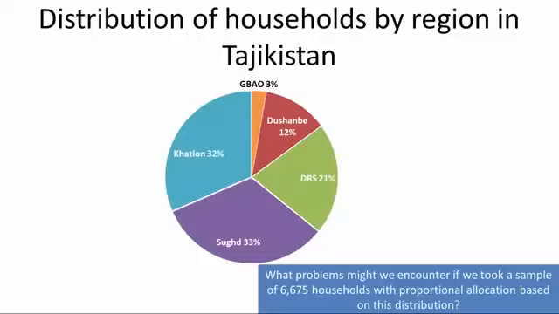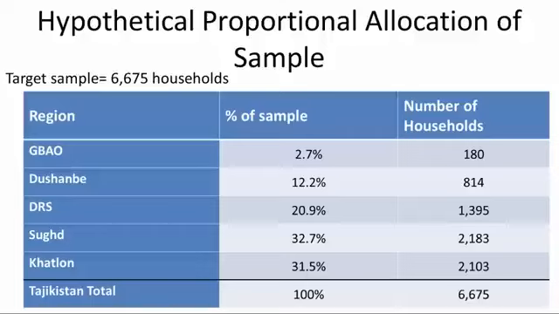What problems might we encounter if we took a sample of 6,675 households with a proportional allocation based on this distribution? Well, there would be very few respondents from certain regions, like Gabal and Dushanbe. Too few respondents in each of these regions will not give us precise data.